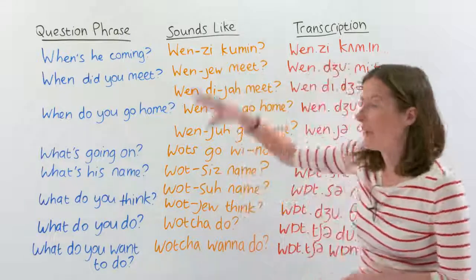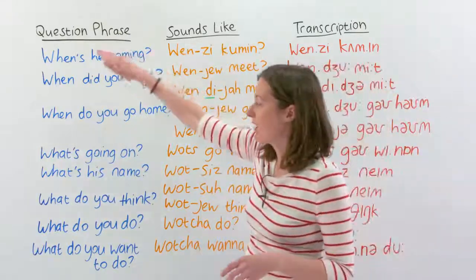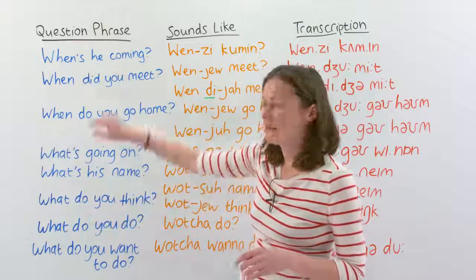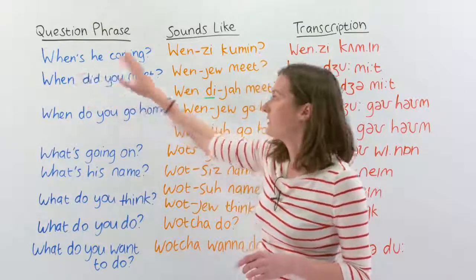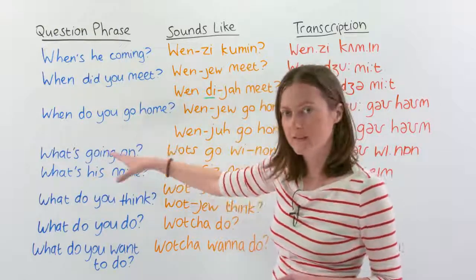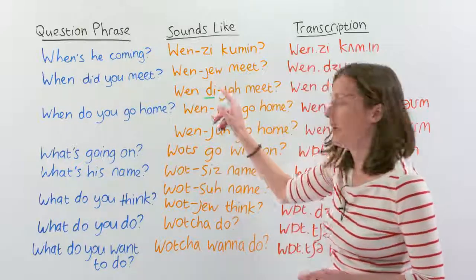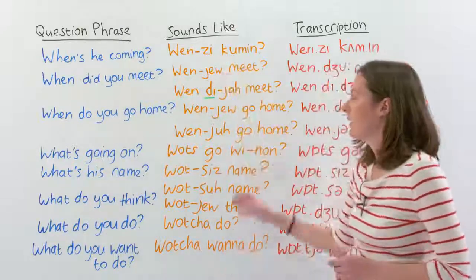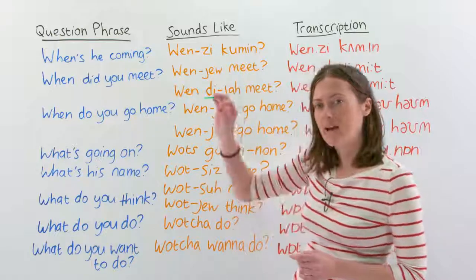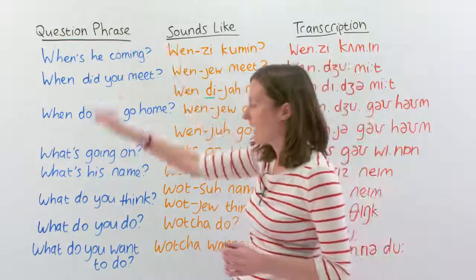Let me explain the columns I've got here. Here we have the question phrases, and this is written in sentences that you can understand, normal English sentences. This is what we write, but this column is what we say. This is the difference between the sounds that we make in the sentences and what we write.